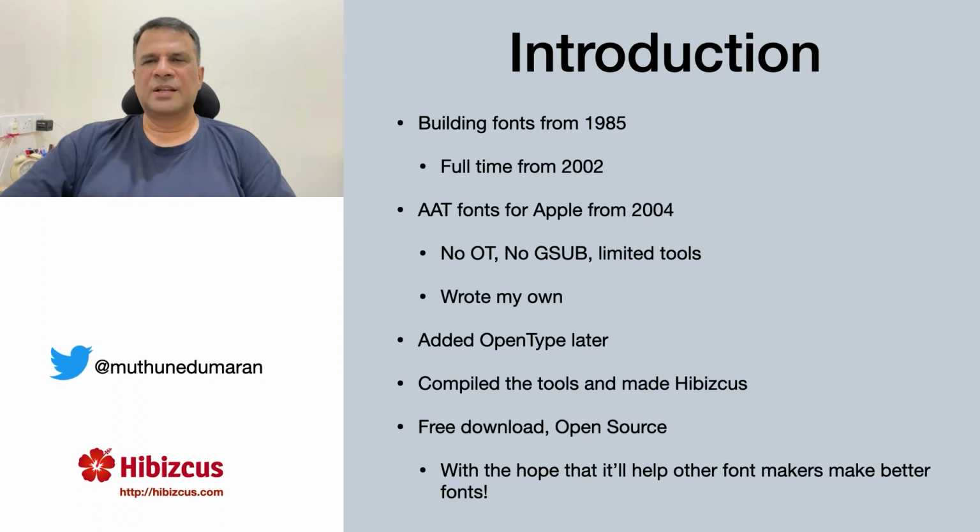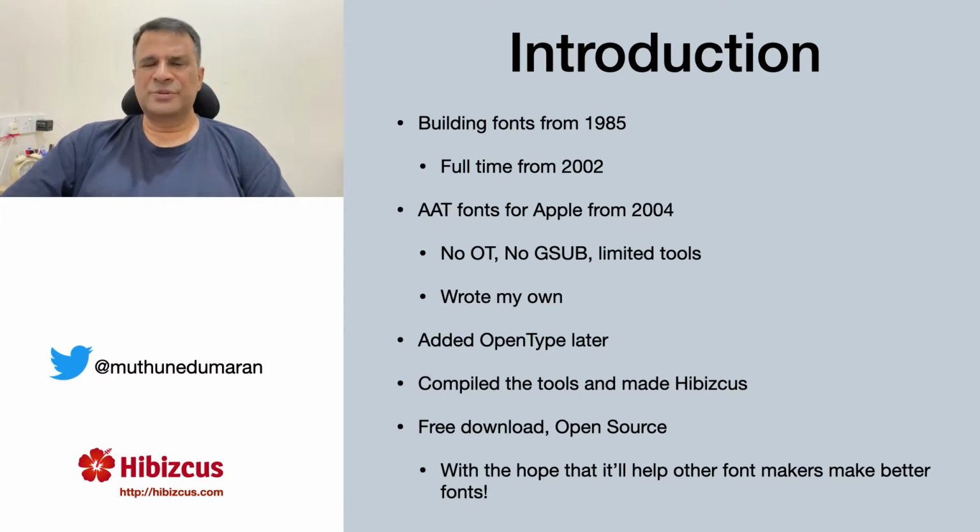So we had to do a lot of juggling with the glyphs in order to do the positioning with just substitution. They added OpenType later, so I also added OpenType to all of my fonts. But when I was building AAT, I needed tools to proof and debug fonts to make sure that they were shaping correctly.